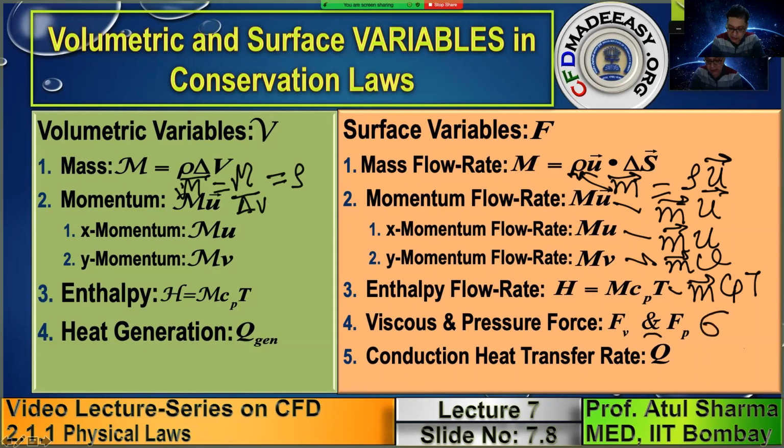And when you divide the conduction heat transfer rate by the surface area, you will get the conduction flux, which is also a vector. Note that there are two directions involved in this momentum flux and these viscous stresses, which I'll discuss in the next slide.